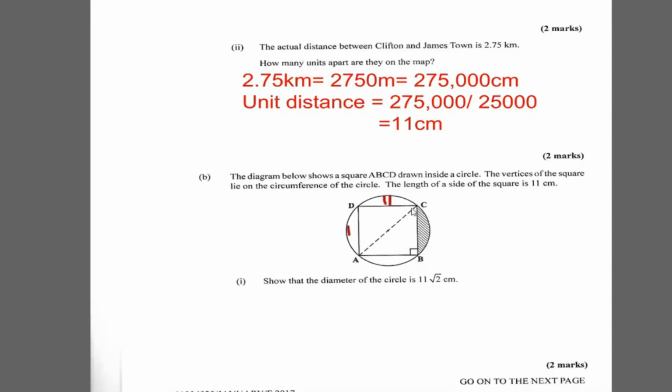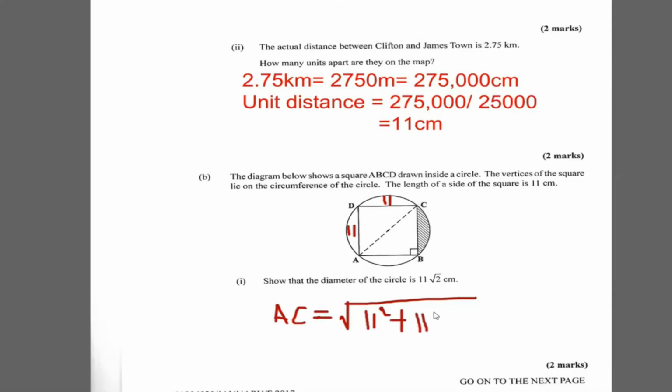But now look at this. AC is the hypotenuse of the right angle triangle here. But AC is the diameter. So the diameter AC is going to be equal to the square root of the opposite squared plus the adjacent squared. So it's equal to the square root of 11 squared plus 11 squared.